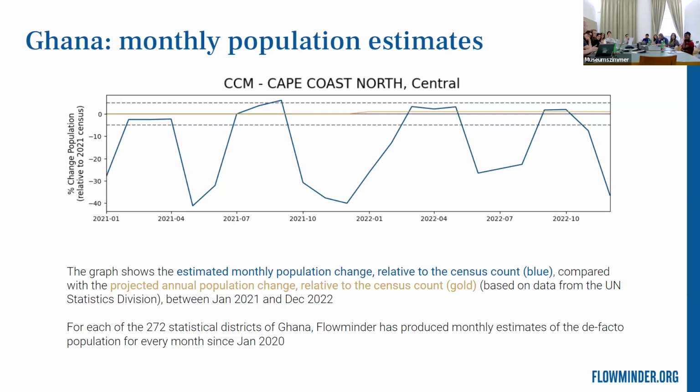And we indeed have time series for each of the 272 districts in Ghana for the entire period, actually much longer, from January 2020 to December 2023, and we're frequently adding the latest months. And we are in discussion with the Ghana Statistical Institute to also produce reports on these statistics with the endorsement of the Statistics Institute.